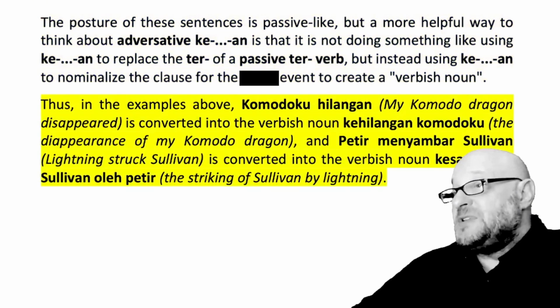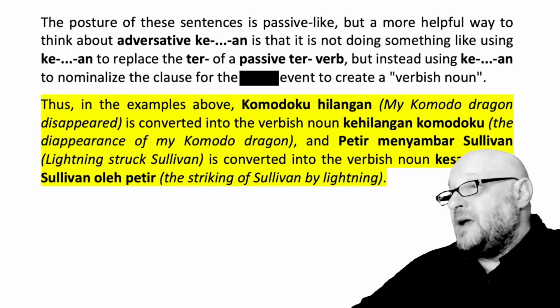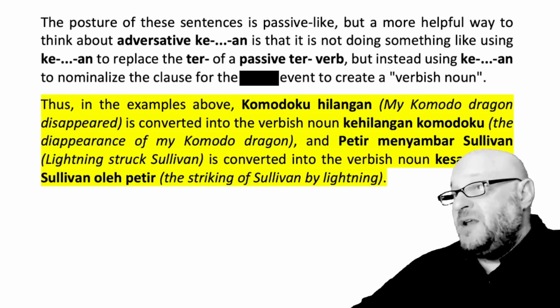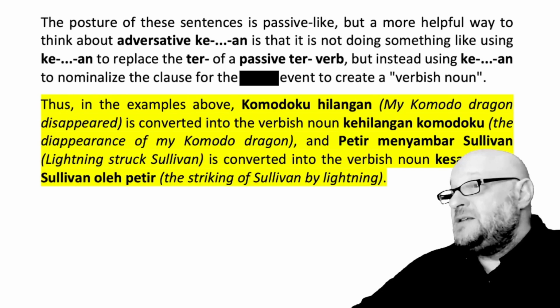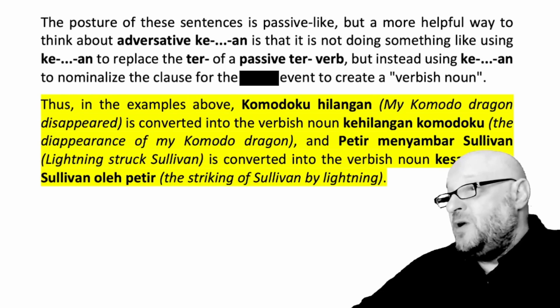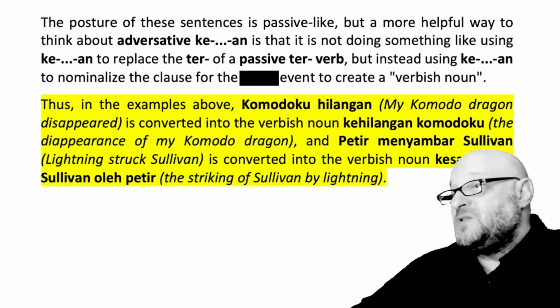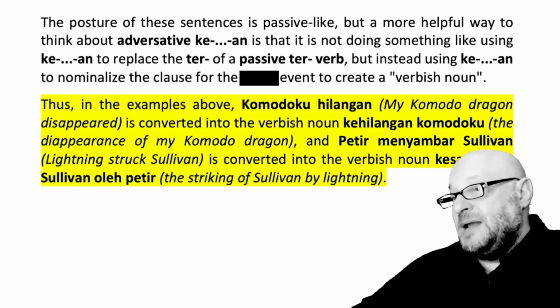Thus, in the examples above, Komodoku hilang, my Komodo dragon disappeared, is converted into the verbish noun kehilangan Komodoku, the disappearance of my Komodo dragon. And petir menyambar Sullivan, lightning struck Sullivan, is converted into the verbish noun kesambaran Sullivan oleh petir, the striking of Sullivan by lightning.